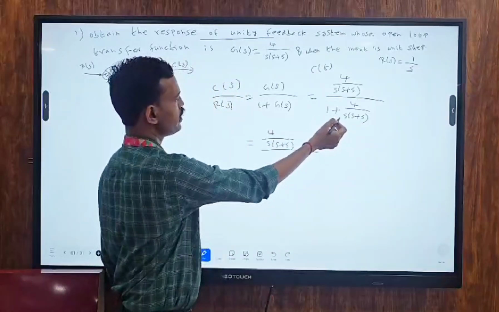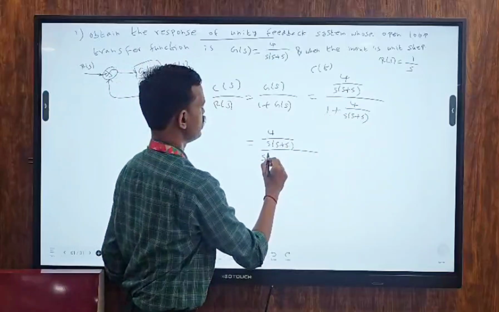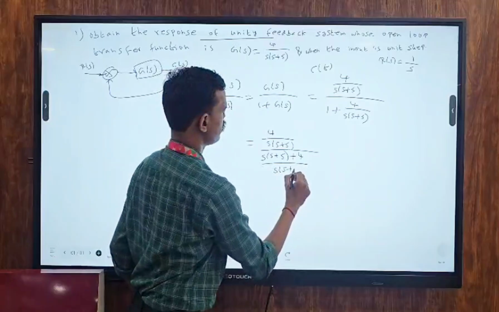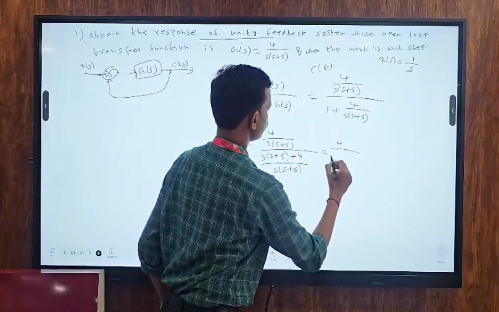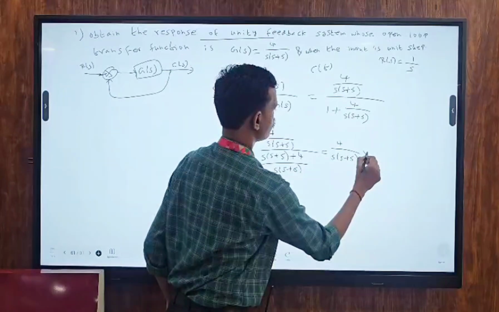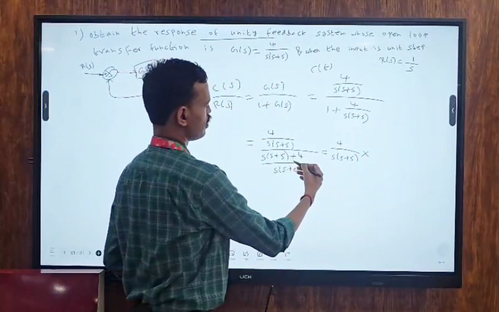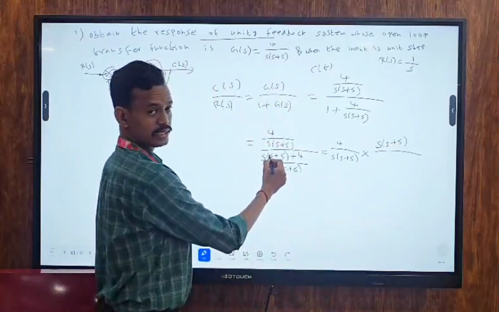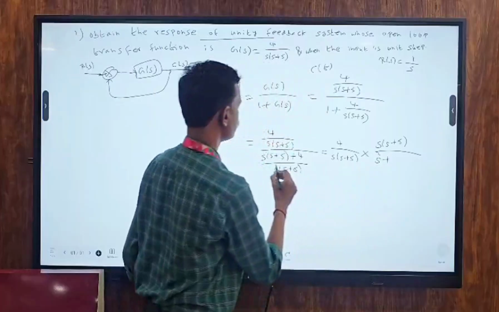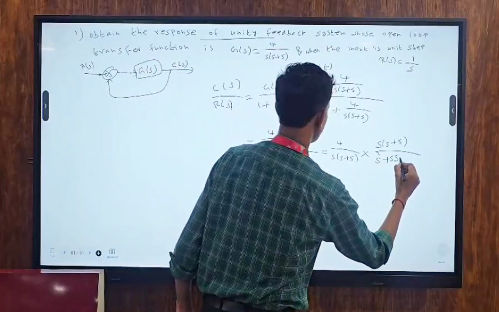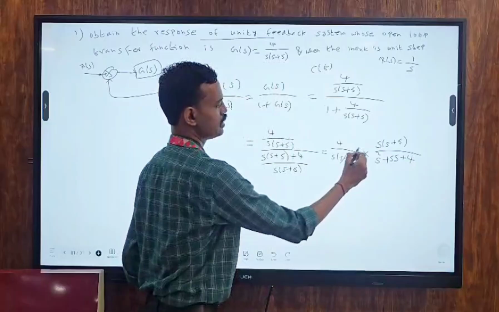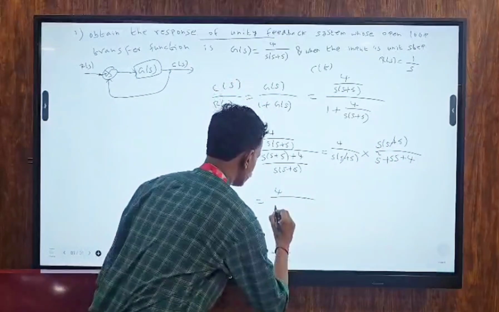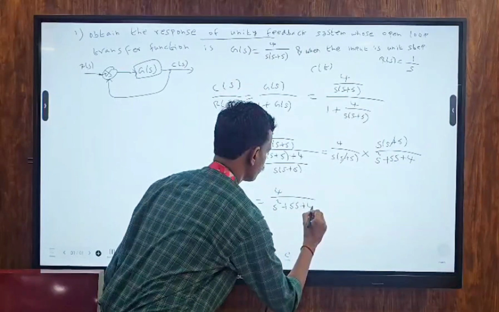Cross multiplying, we get (s(s+5) + 4)/(s(s+5)). Here the upper side is s(s+5), that is s squared plus 5s plus 4.